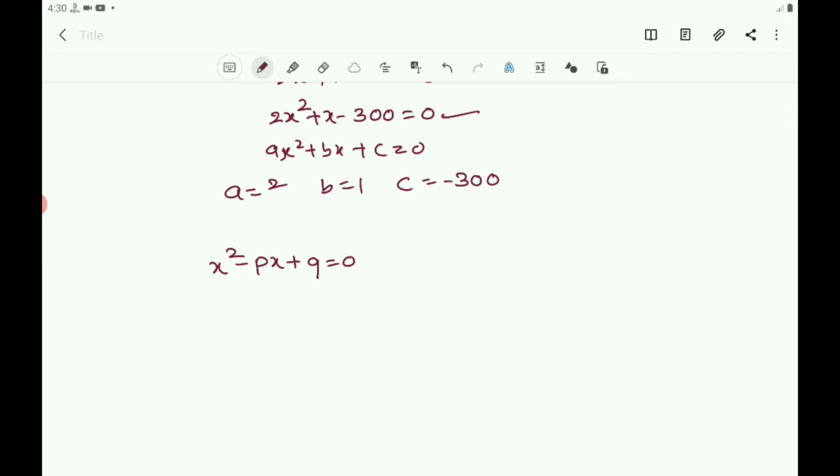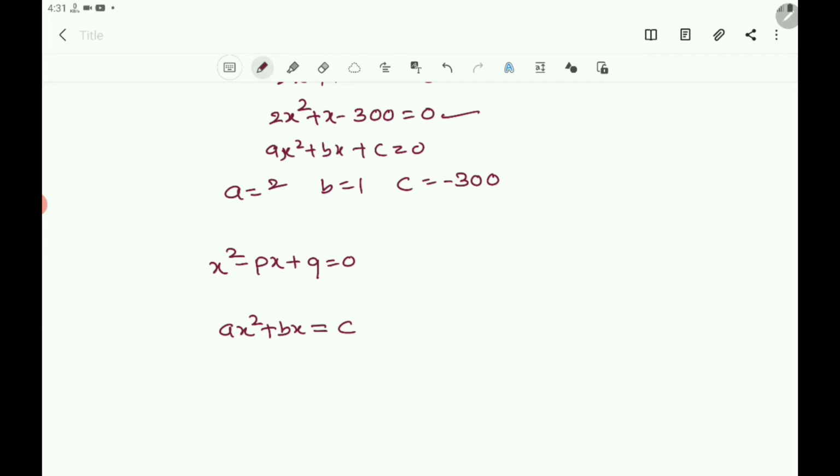Solving of quadratic equations in general form is often credited to ancient Indian mathematicians. In fact, Brahmagupta gave an explicit formula to solve a quadratic equation of the form ax square plus bx equals c.